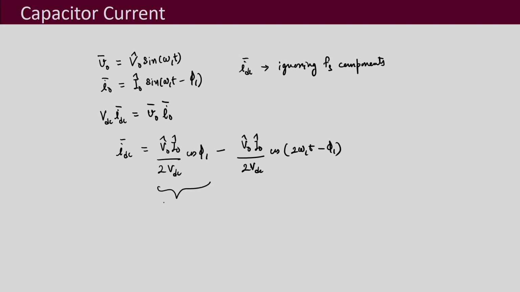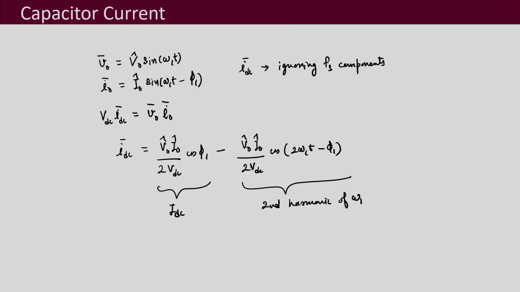So, this is the IDC, the DC component, and this one is the second harmonic of omega 1. So, what we see is that if we ignore the switching frequency components, then the DC component and the second harmonic component for unipolar PWM also turn out to be the same.